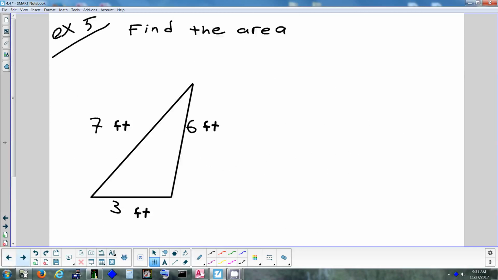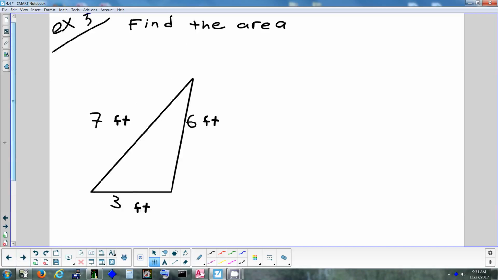Any two sides added together have to be bigger than the third. So like if I pick 7, 6, and 1, you're going to get a negative area. Something weird's going to happen. But that should be fine. Take a minute and see if you can find the area of that triangle.